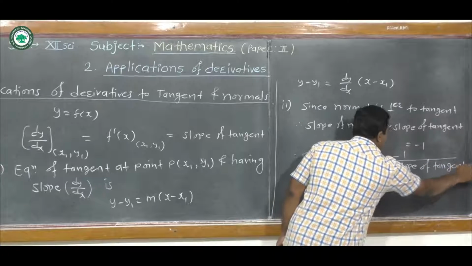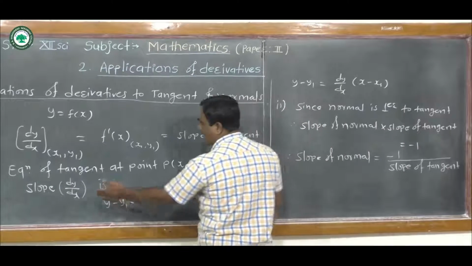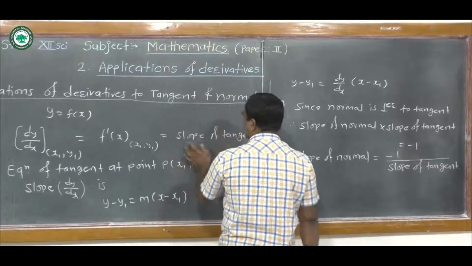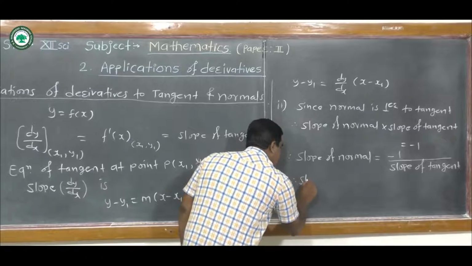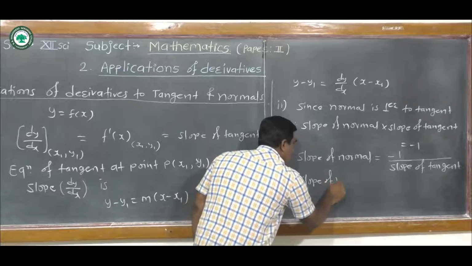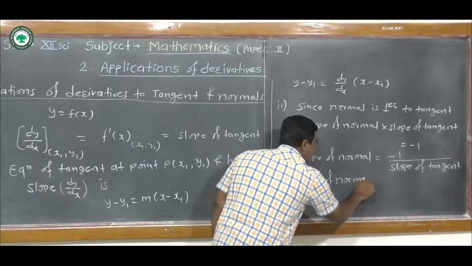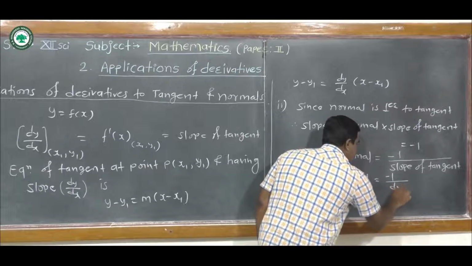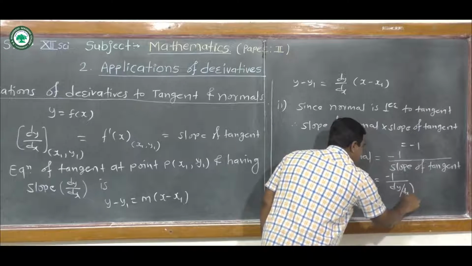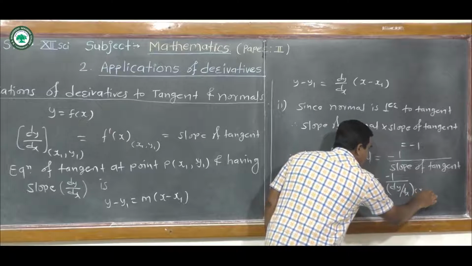We know that the slope of tangent is dy by dx. Therefore, we can write that the slope of normal is equal to minus 1 upon dy by dx at point P(x1, y1).